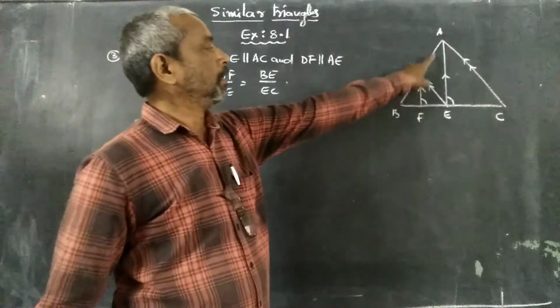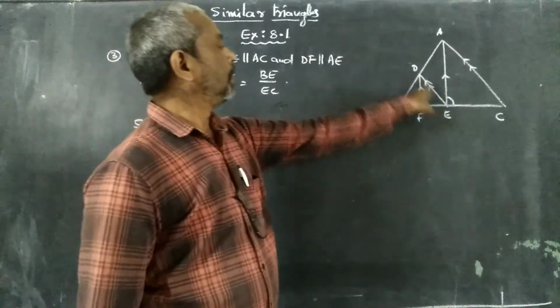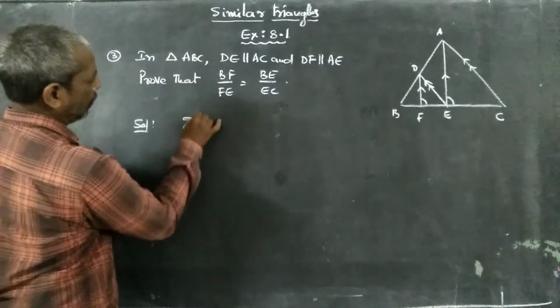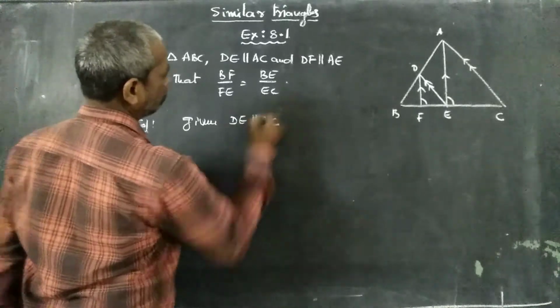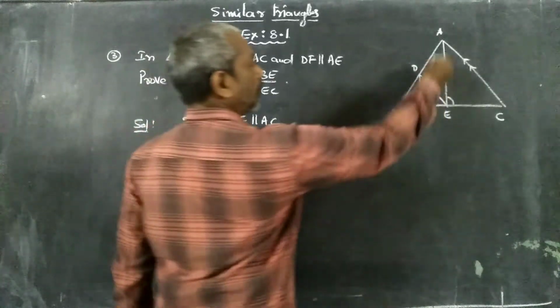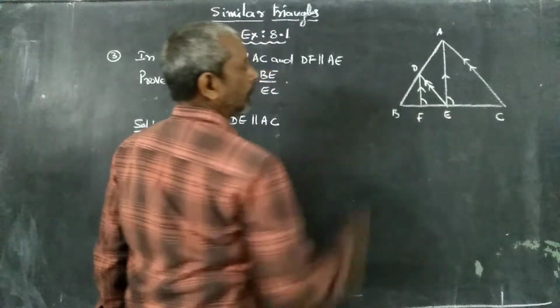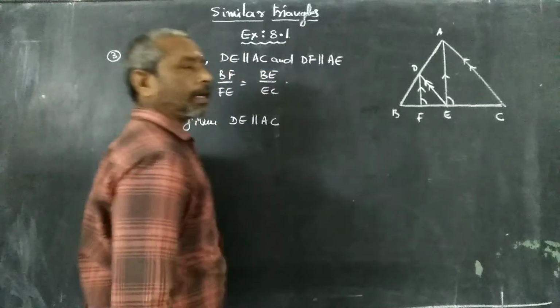So, this is triangle ABC and it is given DE is parallel to AC. Therefore, DE divides AB and BC in the same ratio.